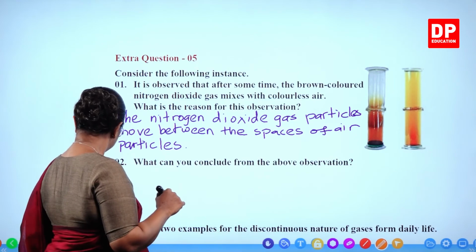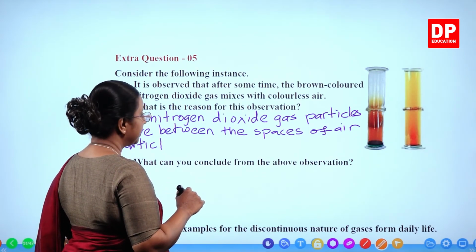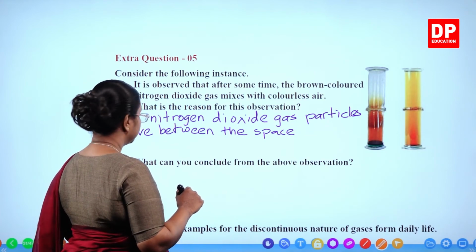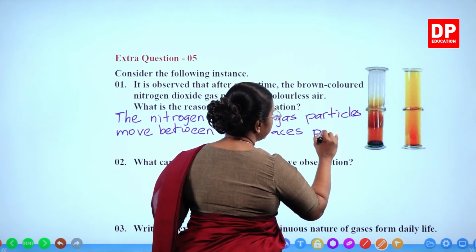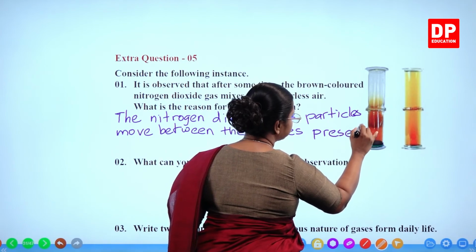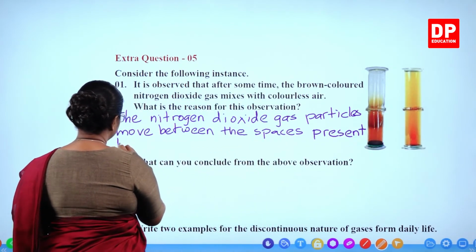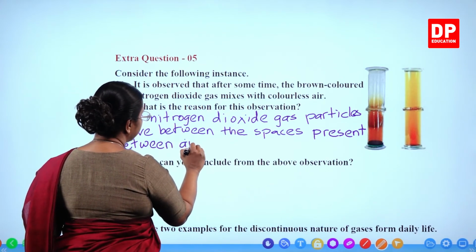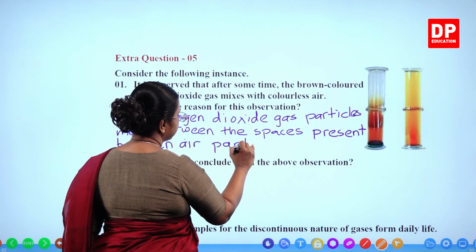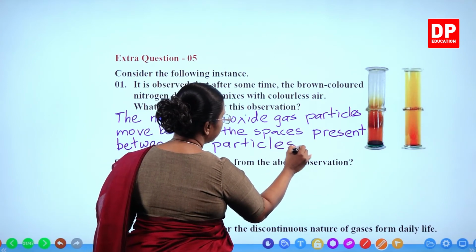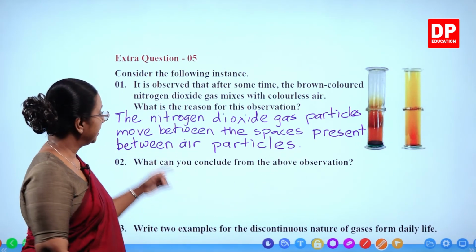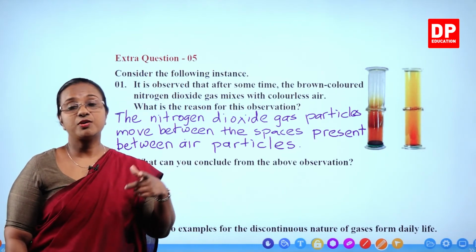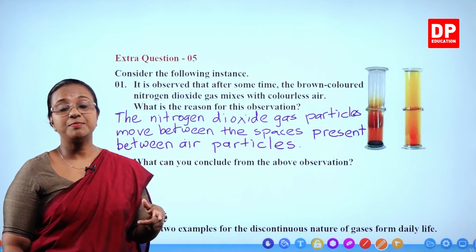Or we can say spaces present between air particles. That is a better answer, because air is made up of air particles, nitrogen dioxide is made up of nitrogen dioxide particles.